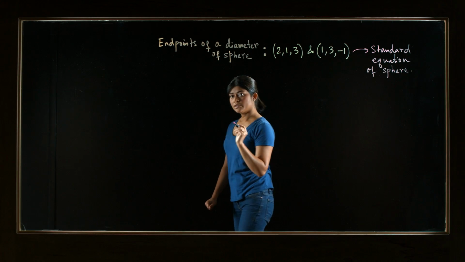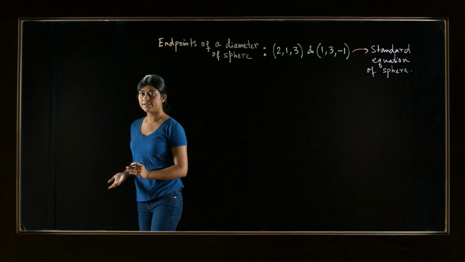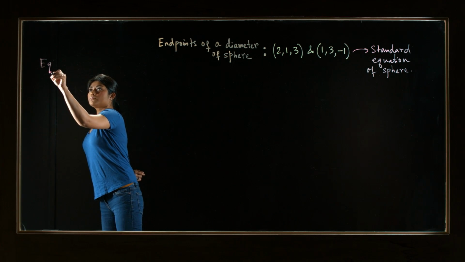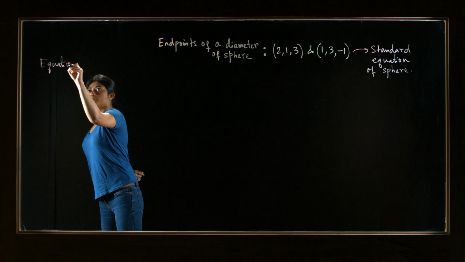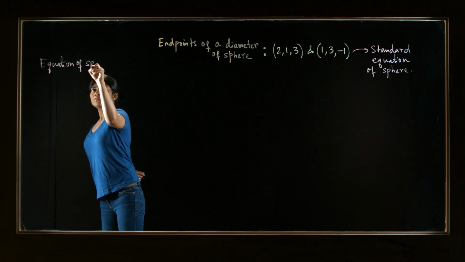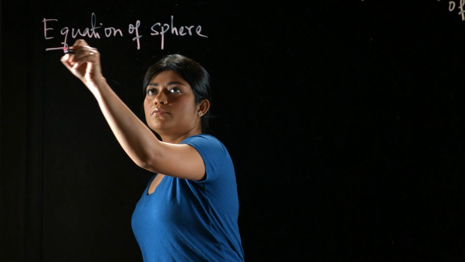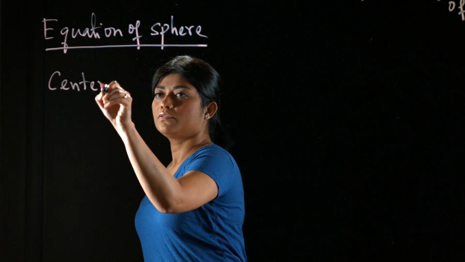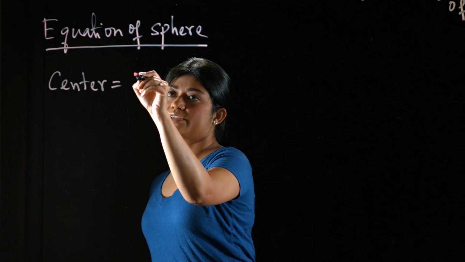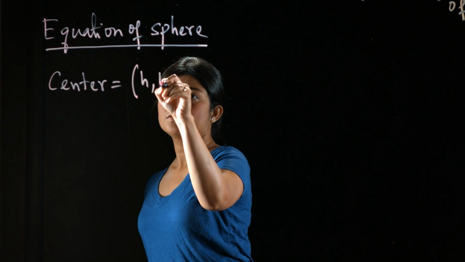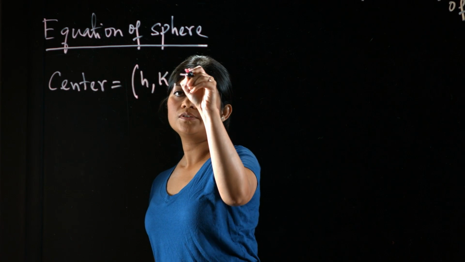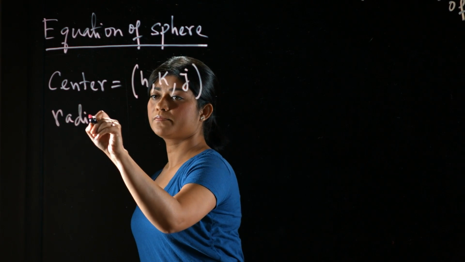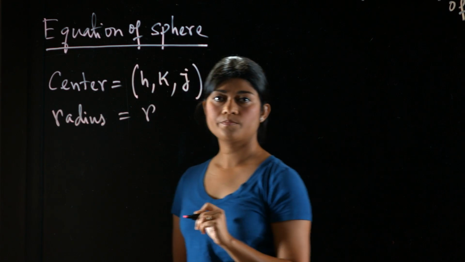Okay, so first let us recall how to write the standard equation of a sphere. Suppose the center of the sphere is given to you, say the center is (h, k, j), and suppose the radius is r.